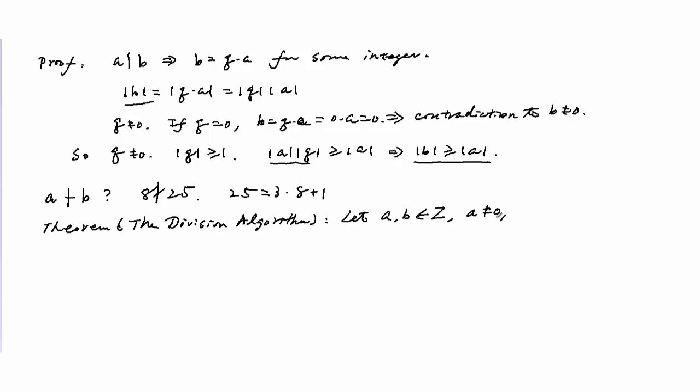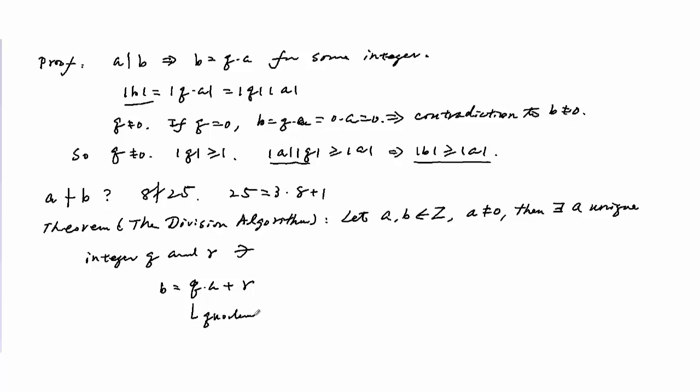Assuming A is not 0, then there is a unique integer Q in R such that, for A does not divide B, B equals Q times A plus R. So Q is called the quotient, right, as we have known. And then A is called the divisor.